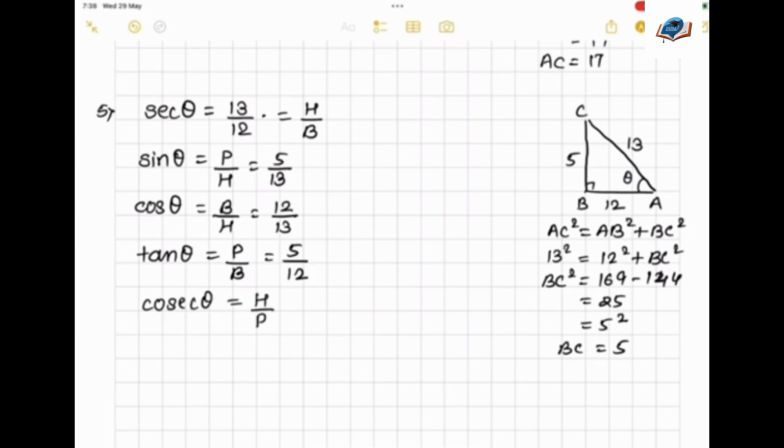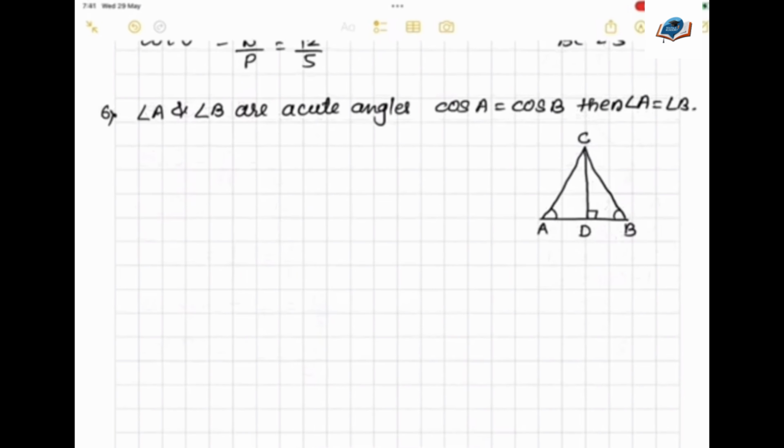Now cosec theta will be opposite of sine, so h by p, so 13 by 5. And cot theta will be opposite of tan theta, so base upon perpendicular, so 12 upon 5. So all the relations are achieved.